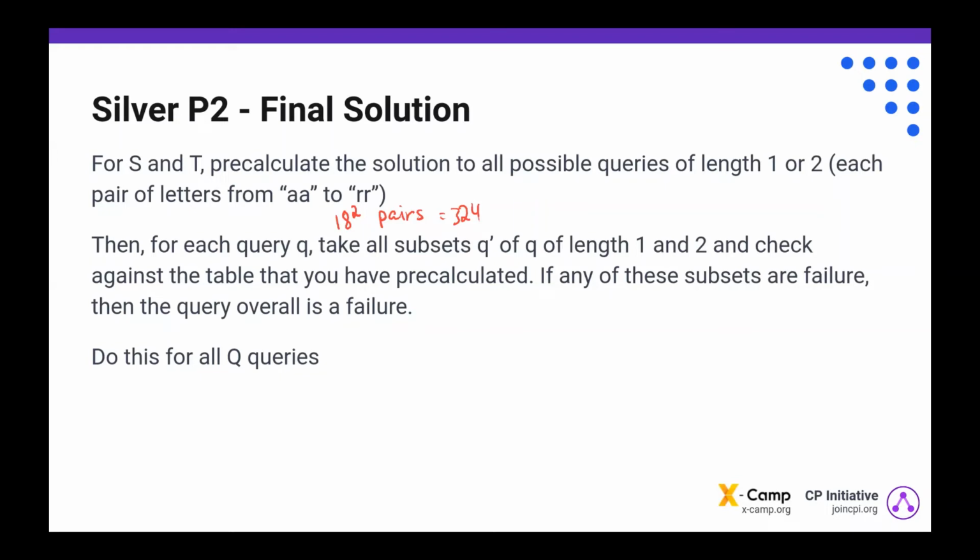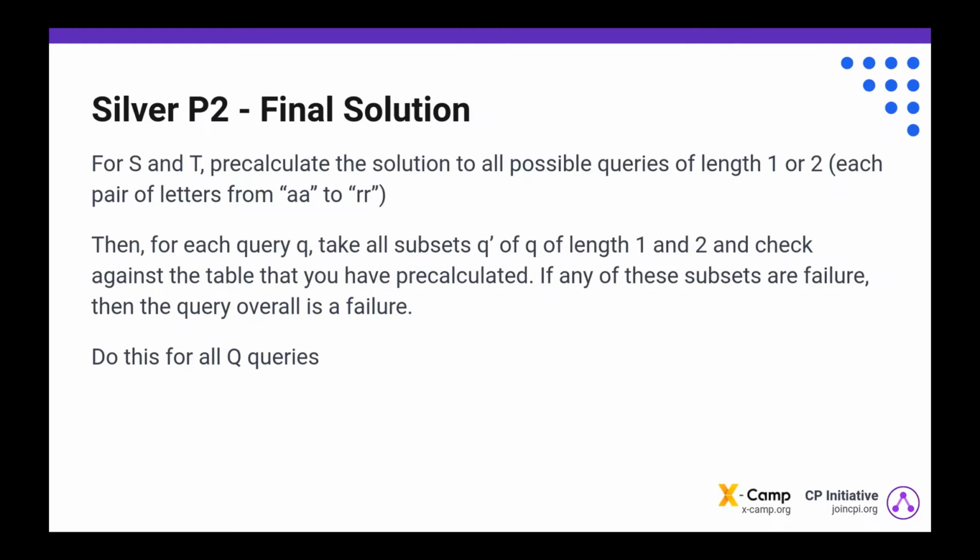Then for each query Q of the input, take all subsets Q prime of Q of length 1 and 2, and check against the table that you have pre-calculated in the first step.